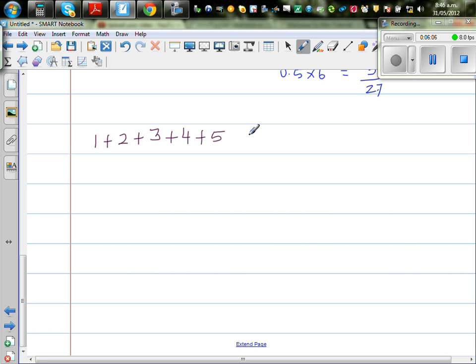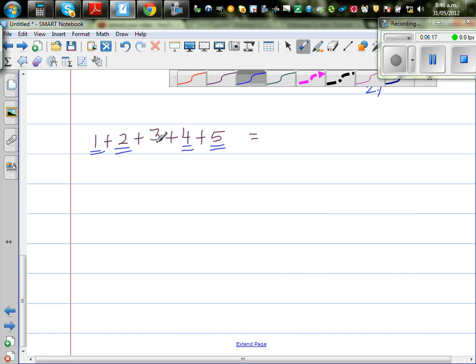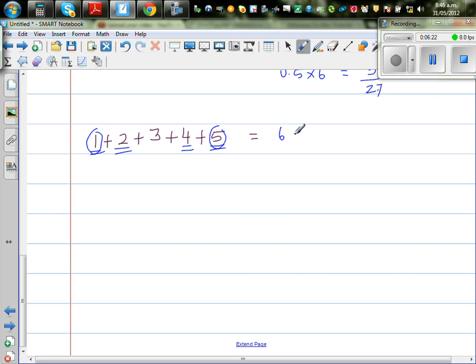I want you to see this and this. What is 5 plus 1? This is one group. 5 plus 1 is 6, plus this is the second lot of 6, plus 3. 6 plus 6 plus 3. So can I say this is 6 plus 6 plus half times 6?